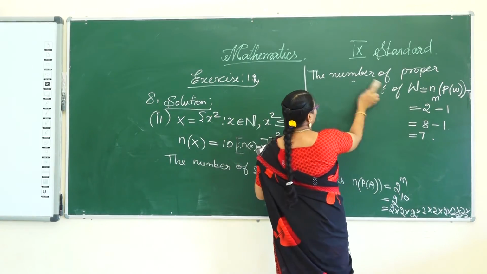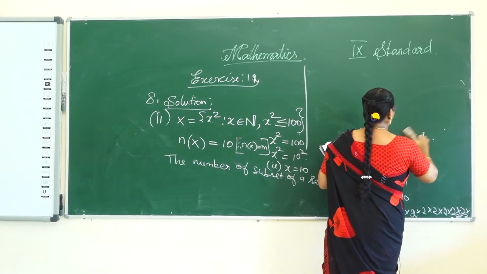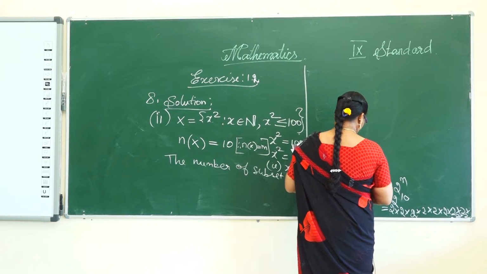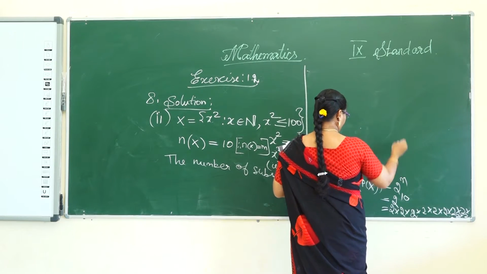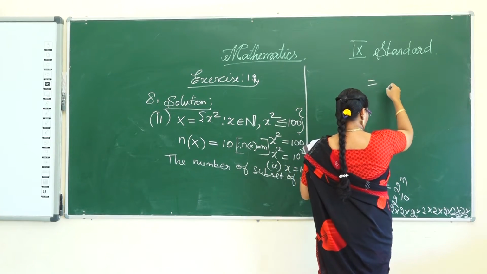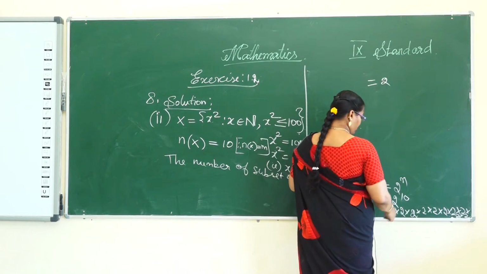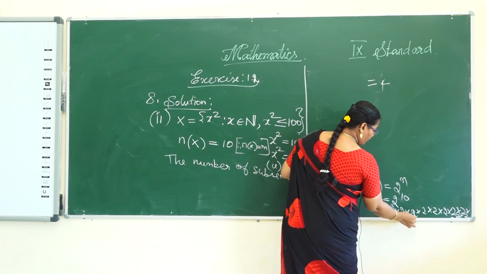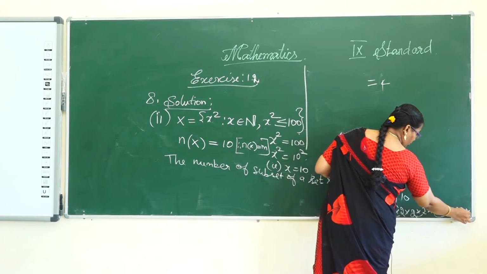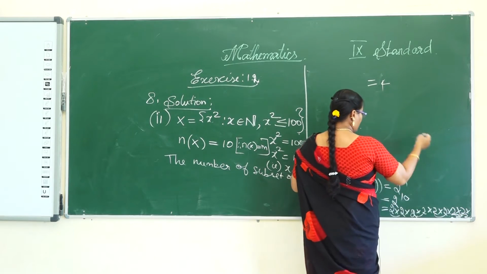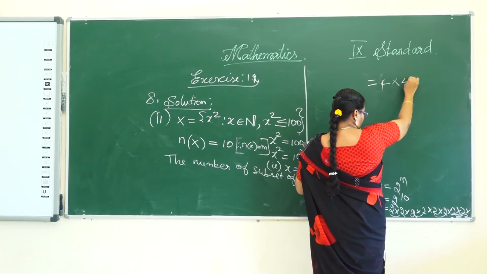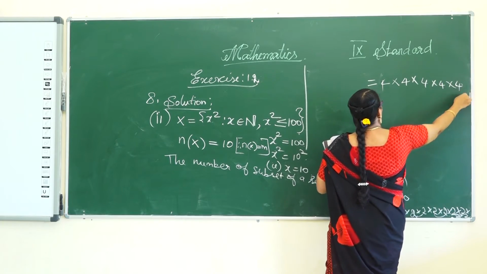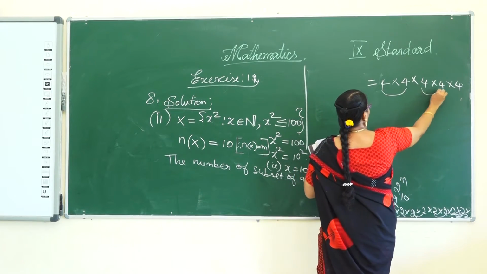Okay. So multiply. 2 twos are 4. 2 twos are 4, 2 twos are 4, 2 twos are 4, 2 twos are 4. So how many 4s are there? 5 times. After that multiply these values.